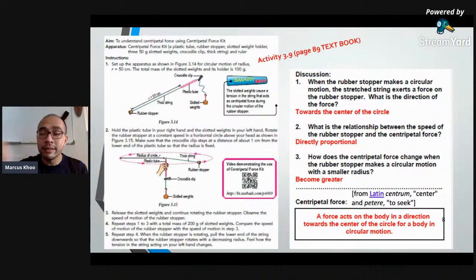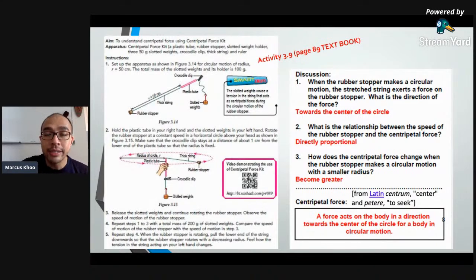The point of this is to feel what the centripetal force is like. This pen or slotted weight acts as the Earth, with its gravitational pull, and the rubber stopper acts as the satellite moving around the Earth.